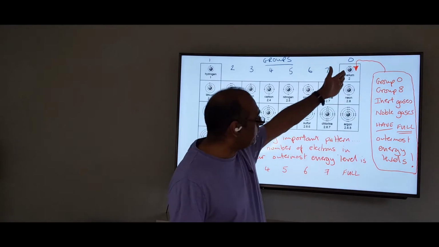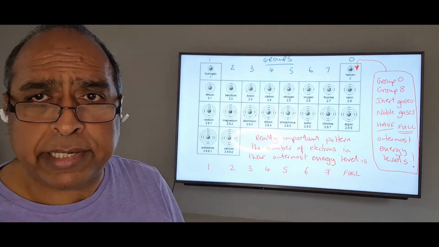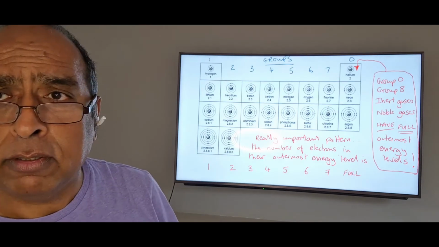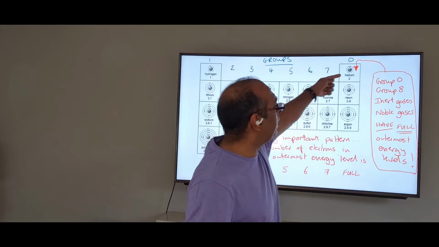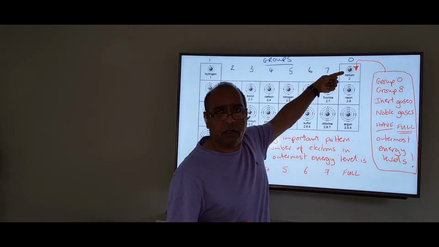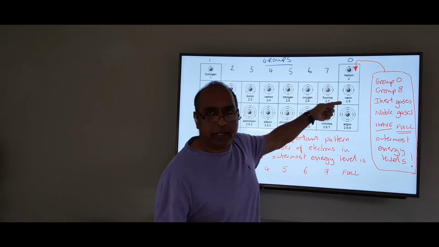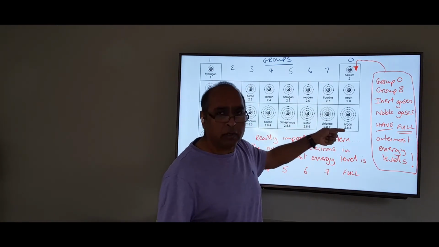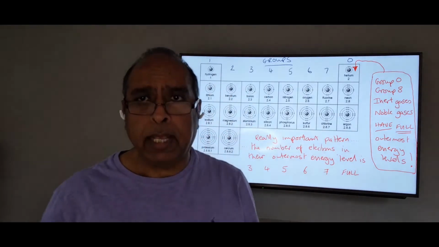And what you need to know about that last column, group 8 or noble gases, inert gases, they have full outermost energy levels. Look, that helium, the first level is full, 2 electrons. Neon, 2,8. That second energy level is full. The third one, 2,8,8. Argon has the third energy level full, and so on.